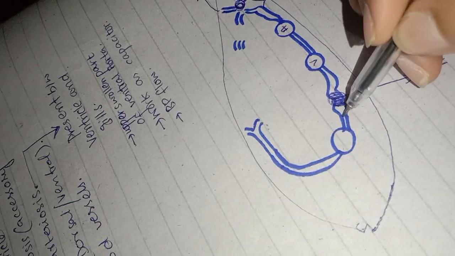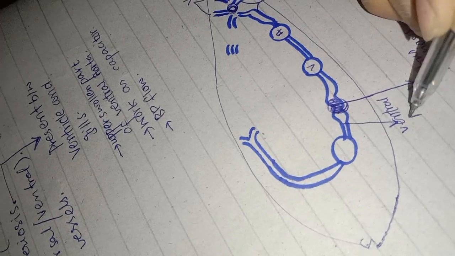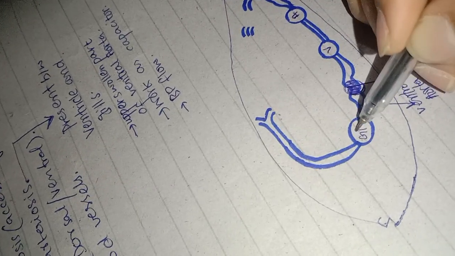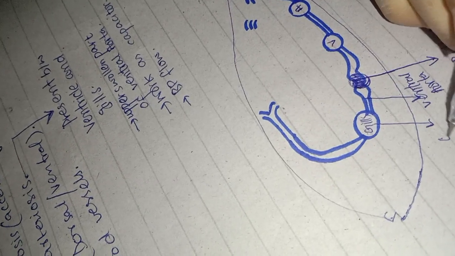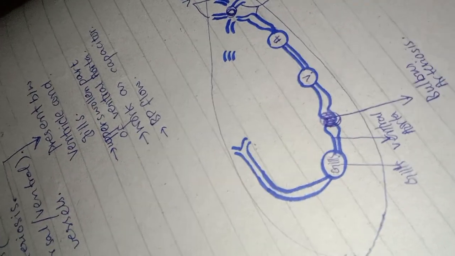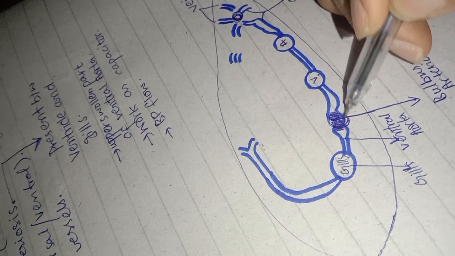Then this one is the ventral aorta. Aorta is the biggest artery of the body. These are the gills. As I told you, the bulbous arteriosus lies between the ventricle and the gills, so it is this swollen part.